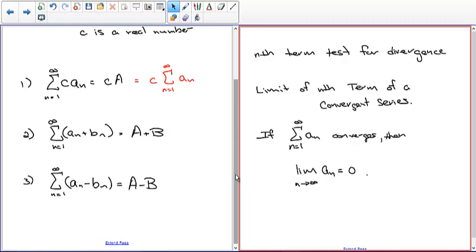Let me read that again, because if the summation converges, then it's kind of an opposite way of thinking of this. It says that if an infinite series converges, then the limit of the nth term has to go to 0.